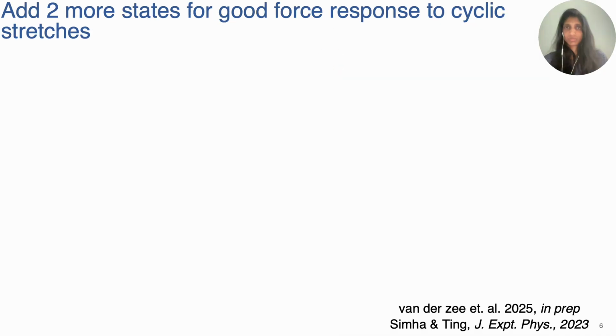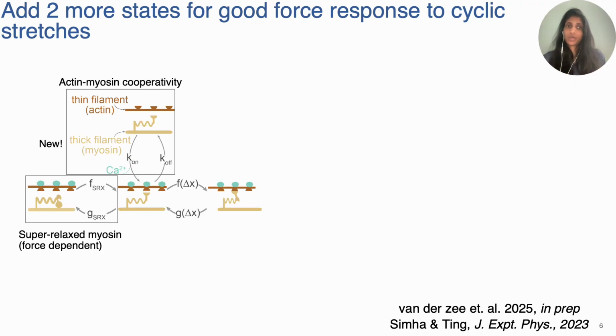Well, why is that? So far, I talked about how our cross bridges exist in one of two states, but this assumes that every time a cross bridge wants to attach, it just can. In reality, though, our thin filament or actin sites exist in this deactivated state, and it's only by the addition of calcium ions that they become available for cross bridge attachment.